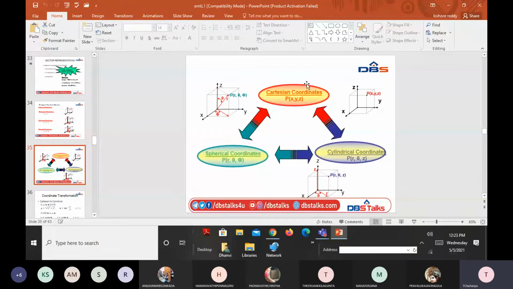So we can transform from one coordinating system to another: Cartesian to cylindrical, cylindrical to Cartesian, cylindrical to spherical, spherical to cylindrical, spherical to Cartesian, and Cartesian to spherical. In such ways we can transform systems.